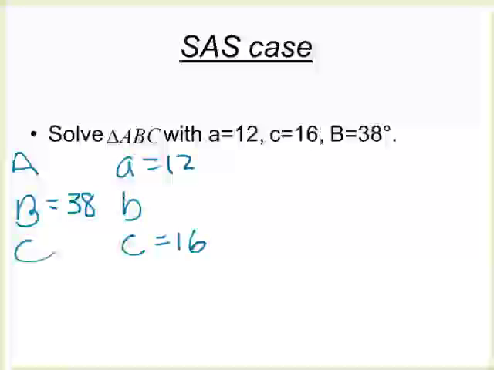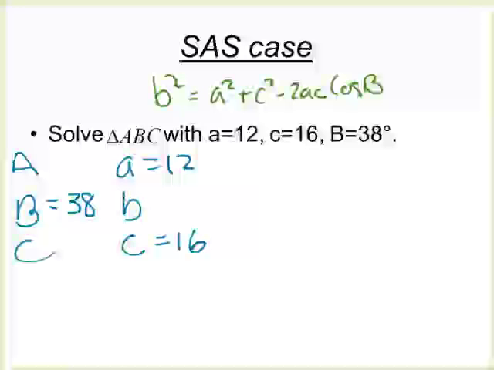For this question, since what I'm solving for is side B, I'm going to use the form of the law of cosines that has that little b alone. So that's the second one that's printed on your paper that has the little b alone.